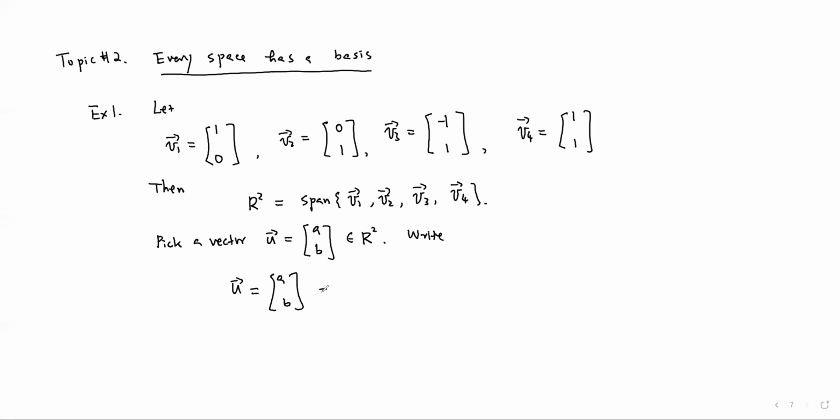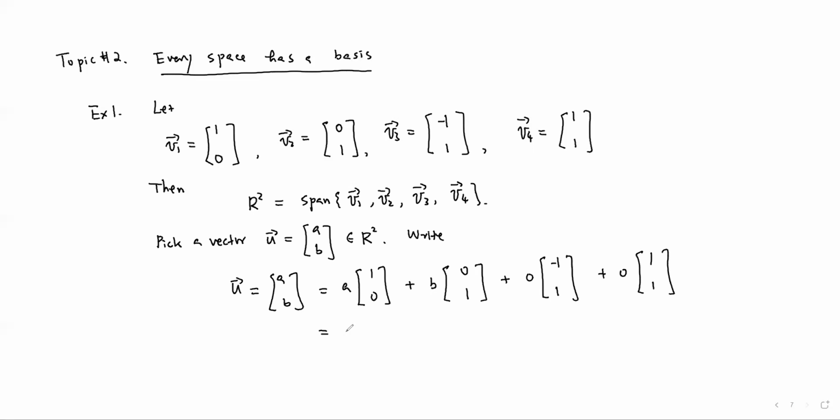I write this as A times (1, 0), this is V1, plus B times (0, 1), and then a linear combination of these 4 vectors, and then 0 times (-1, 1), plus 0 times (1, 1).